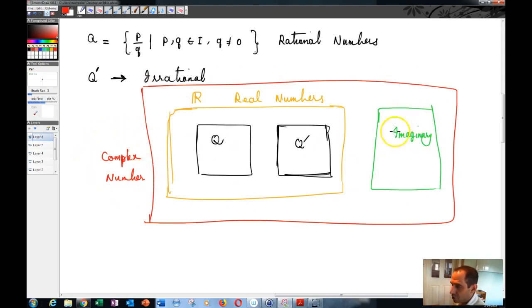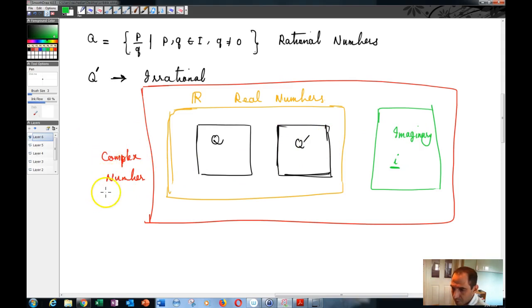The imaginary numbers are basically the numbers that contain the number i, which is the square root of -1. And complex numbers are some sort of a marriage of the imaginary numbers and the real numbers, working together. If you put these two together, you get complex numbers.